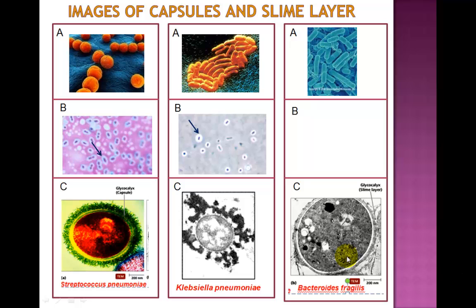Finally, shown in the bottom panel, the panel C, are the transmission electron microscopy images for both the capsules of Streptococcus pneumoniae and Klebsiella pneumoniae and the slime layer of Bacteroides fragilis.